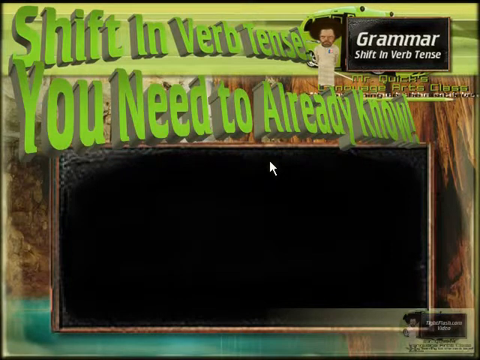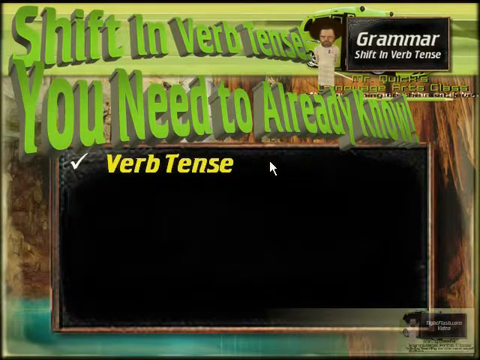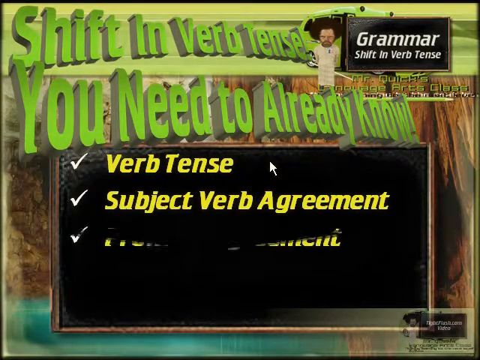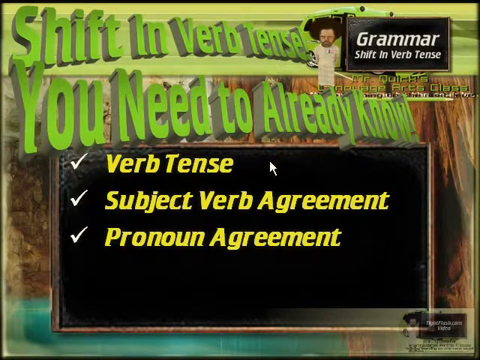Now, here's some of the things that you need to already know. Definitely, you need to know verb tense, and I think that we accomplished that through what we've covered so far. And you need to know subject-verb agreement, of course, and we've already discussed that, and you memorized all those rules that you needed to memorize. And you need to know pronoun agreement. We've already touched upon that.